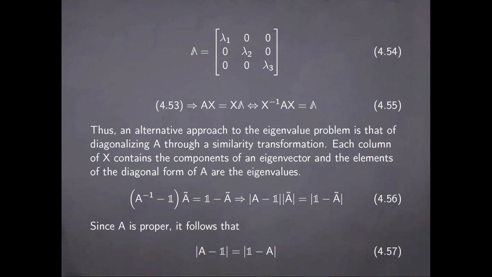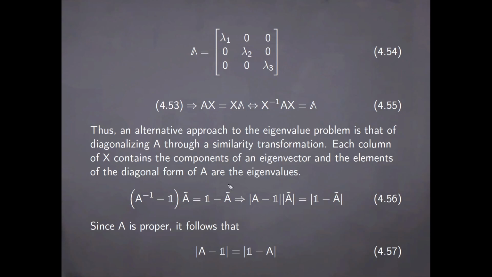So one alternative approach to the eigenvalue problem is that of diagonalizing A through a similarity transformation. Each column of the matrix X contains the components of an eigenvector, and the elements of the diagonal form of A are the eigenvalues.